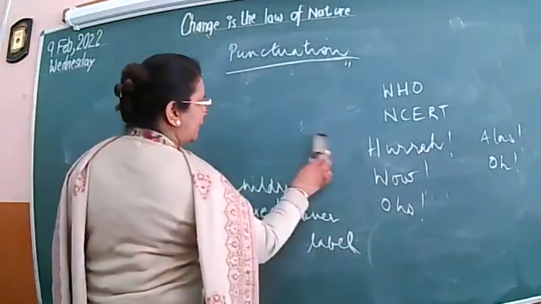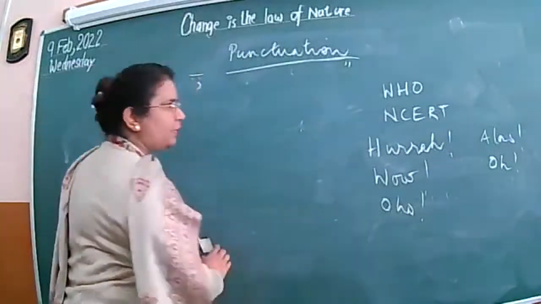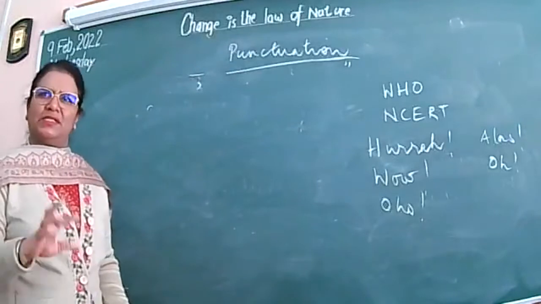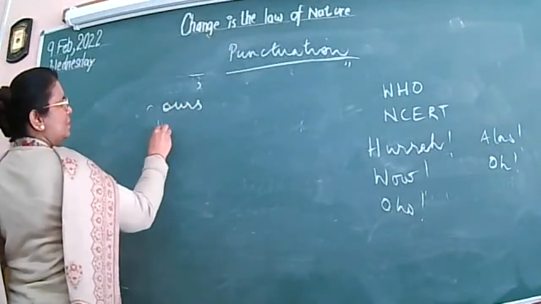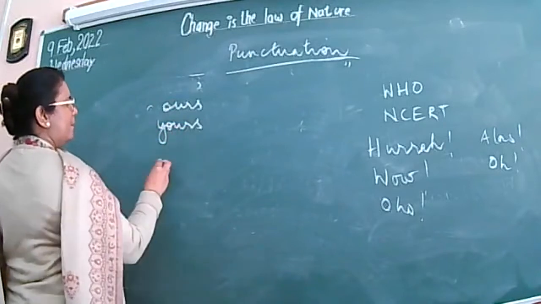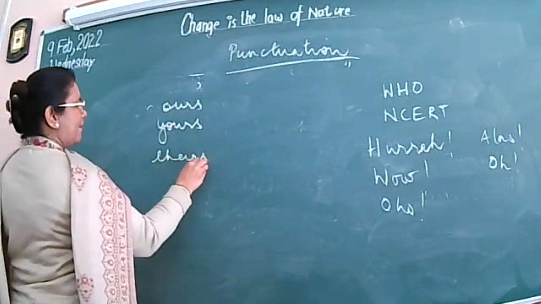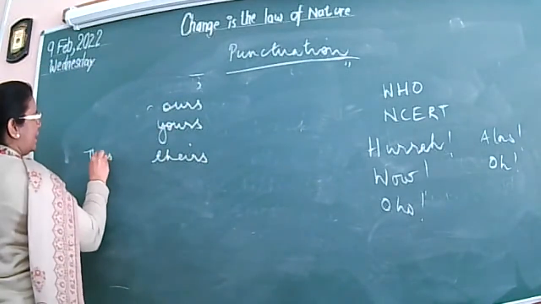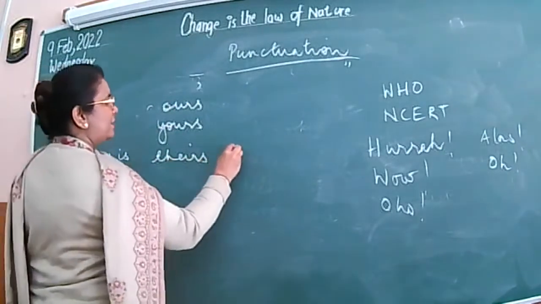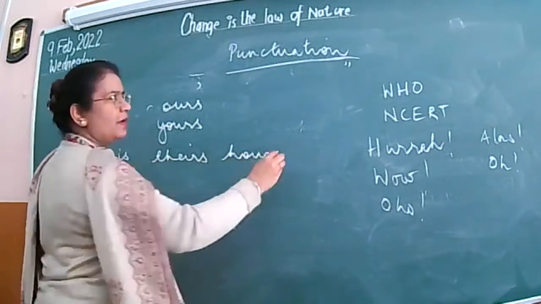Okay. Now, yes, we have words, don't we? We've done our determiners also, and we have words which show a sense of belonging, a sense of possession. Which ones? Ours, yours, theirs. So if I say this is theirs house, is it correct?